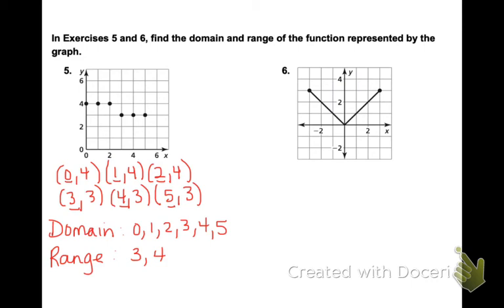Okay, so for number 6, sometimes if you identify the endpoints, so we have -3 and 3 over here. Okay, name the endpoints. And 3, 3. Then we can say our domain is going to go from -3 to 3, right?